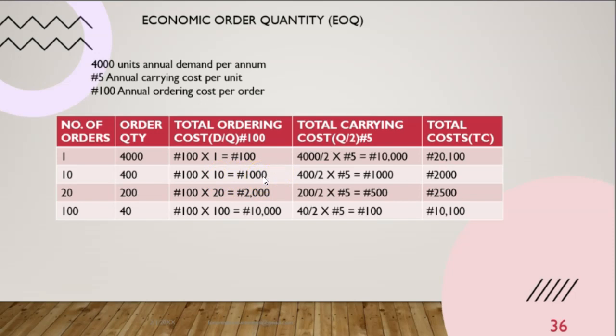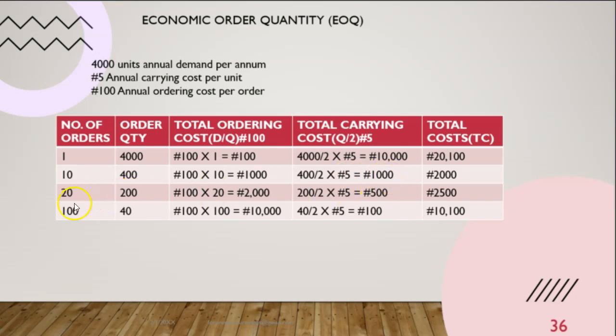Then let's look at what carrying cost is going to be. Carrying cost is the quantity that we order divided by 2 multiplied by 5 naira, which is the carrying cost. We are going to get 1,000 naira.